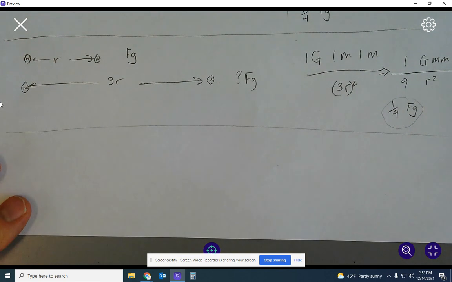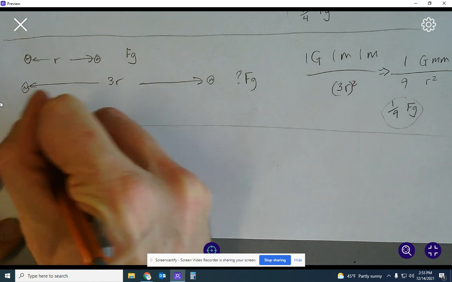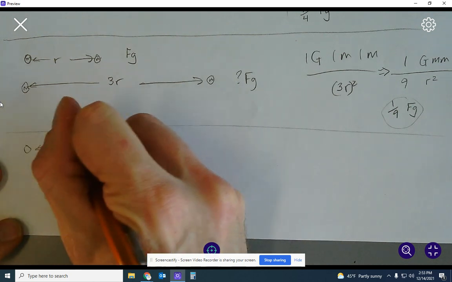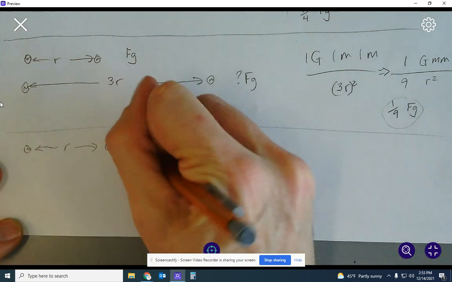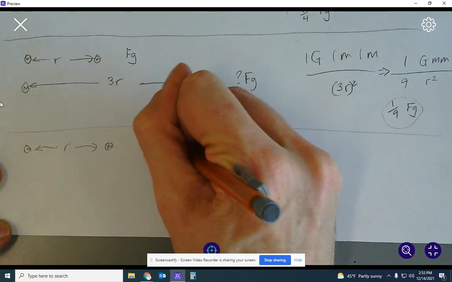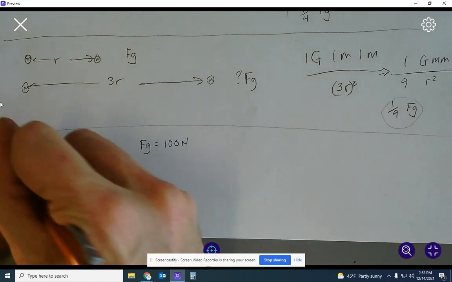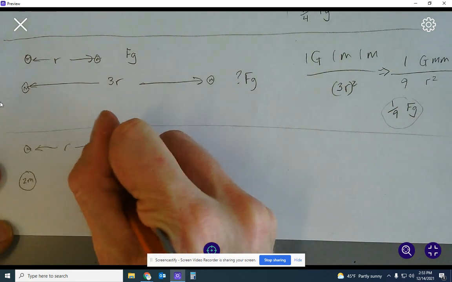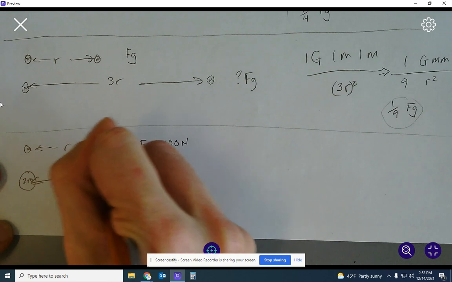Distance isn't the only thing we can change. We can also change mass. So we have our original setting where we have mass and mass, and when that is the case, we have a weight between them or a force of gravity. Let's say that is 100 newtons when it's like that. Well, let's say I double this mass and I double this mass, but leave them in the same position they were.